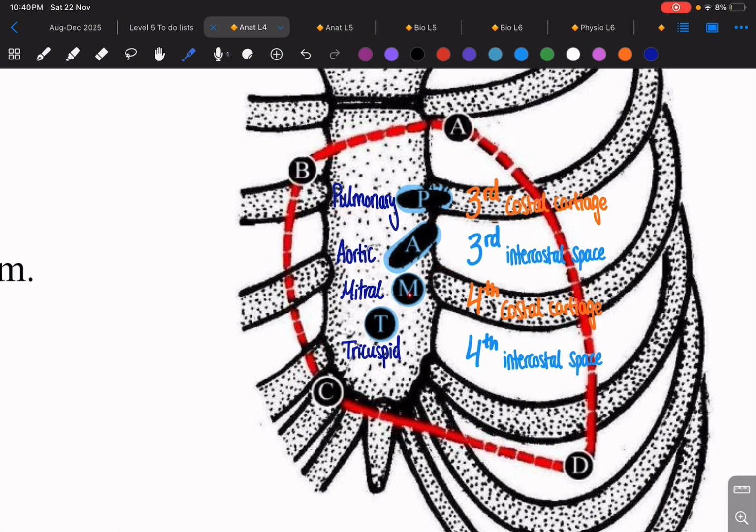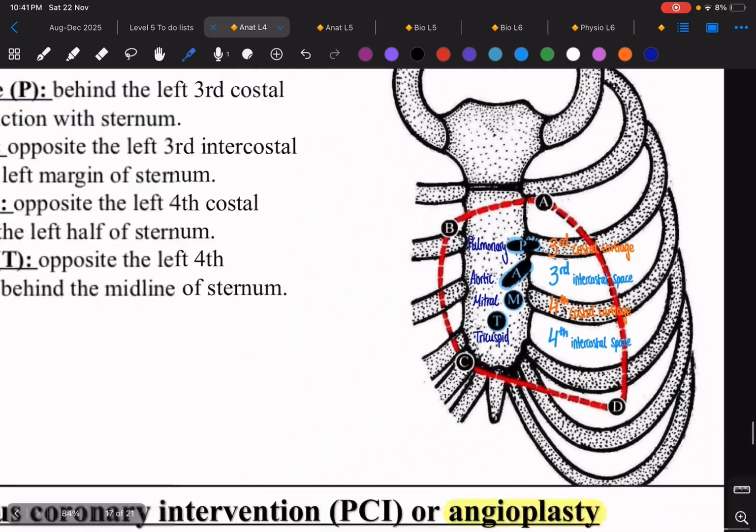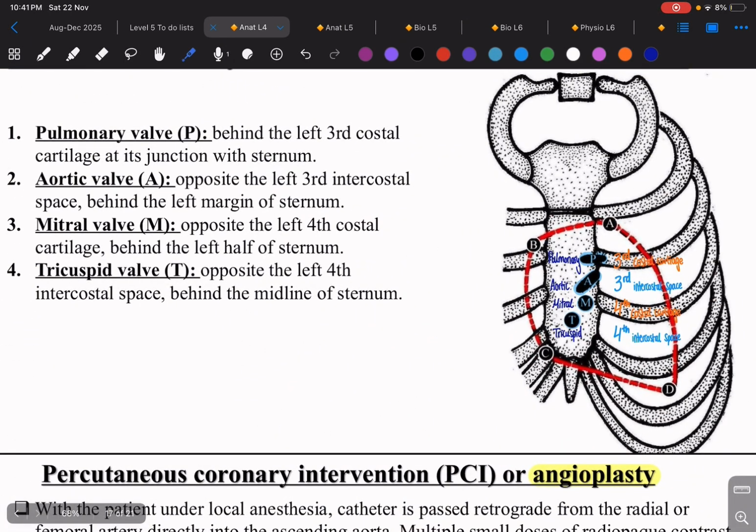Then we have the mitral and the tricuspid. Mitral is in the fourth costal cartilage and the tricuspid is in the fourth intercostal space. That's why we said pumped 3344. Costal cartilage, space. Costal cartilage, space. This is everything I just said.